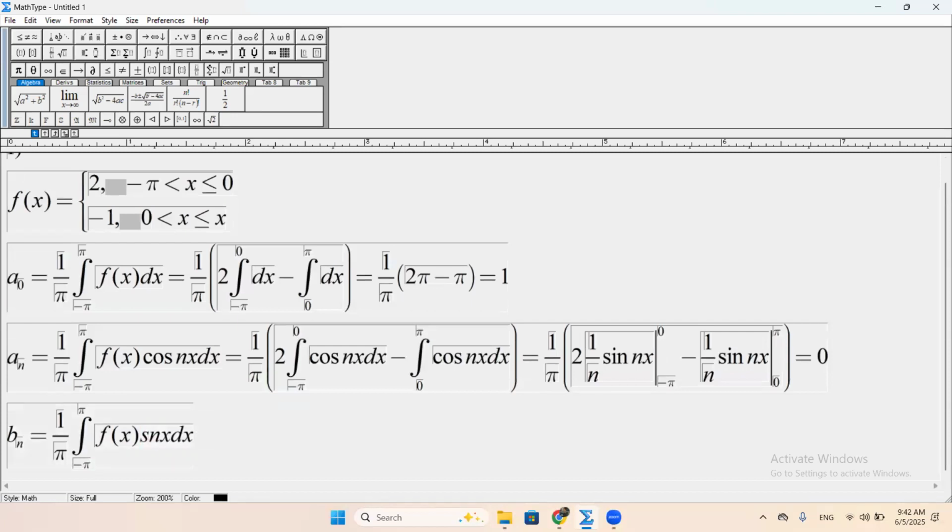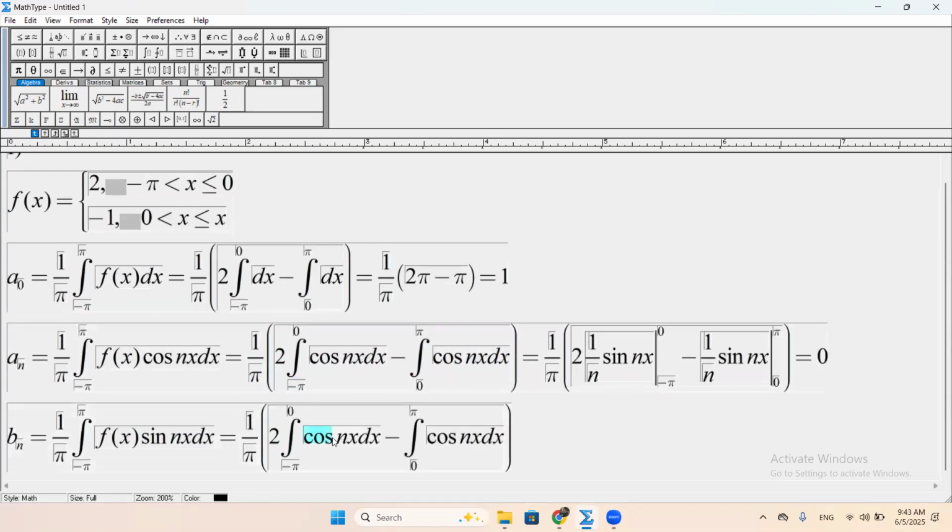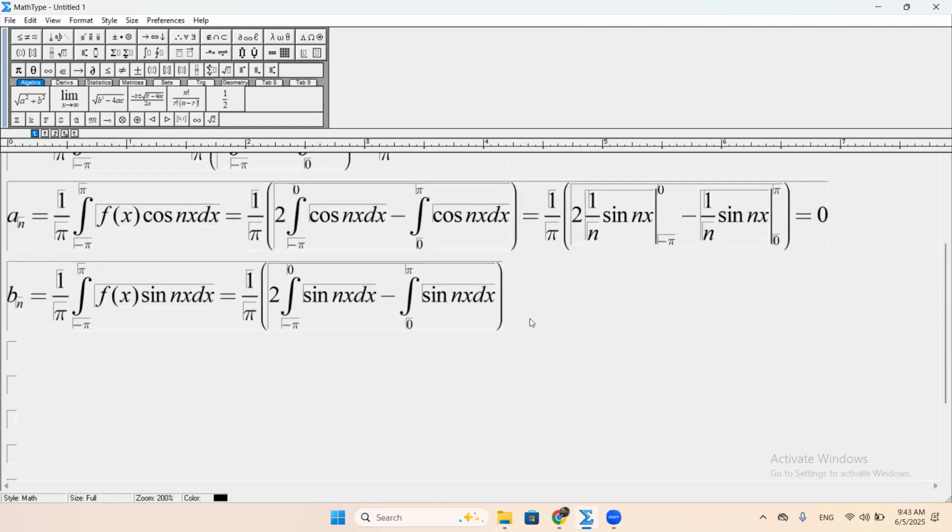So here will be sine of nx. Here as well, so sine of nx, and here sine of nx as well. So finding antiderivatives.